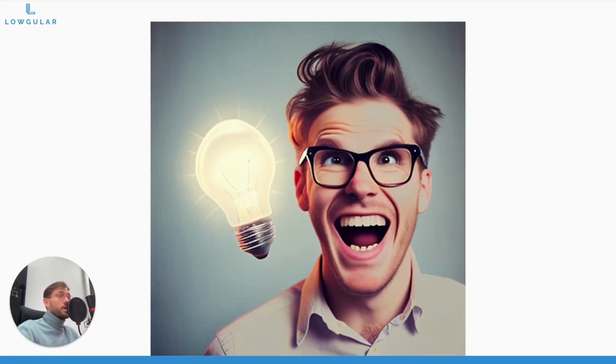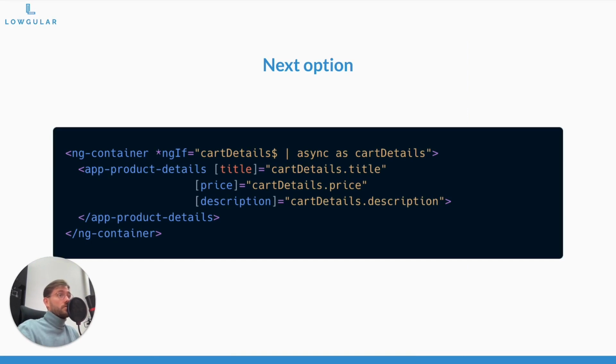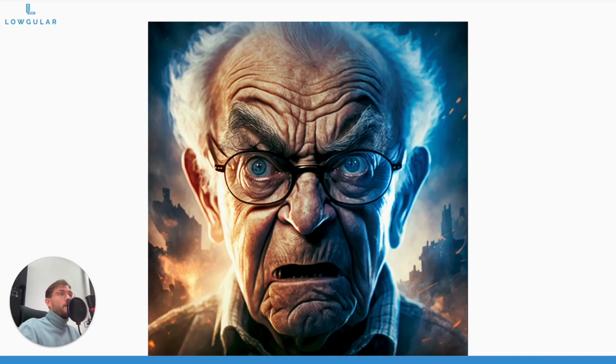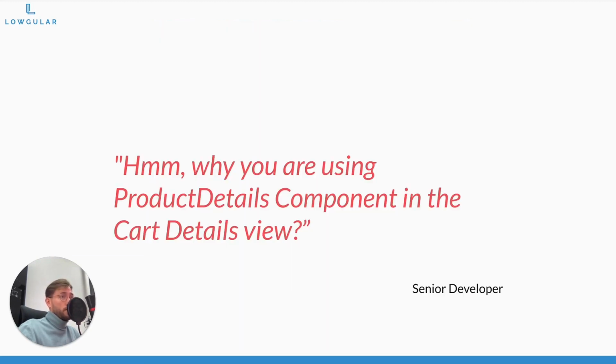Stressed and ashamed, the developer went into a crazy state. He started hacking things. He started using the product details component in cart details and other smart components which have a similar look because they have the same inputs. So who cares? But then an evil senior developer blocked his PR.